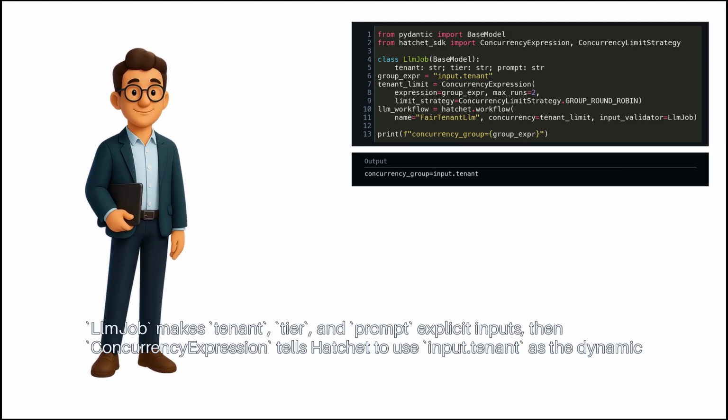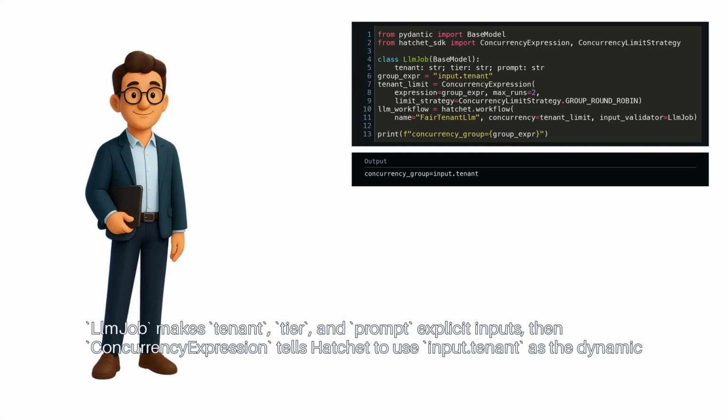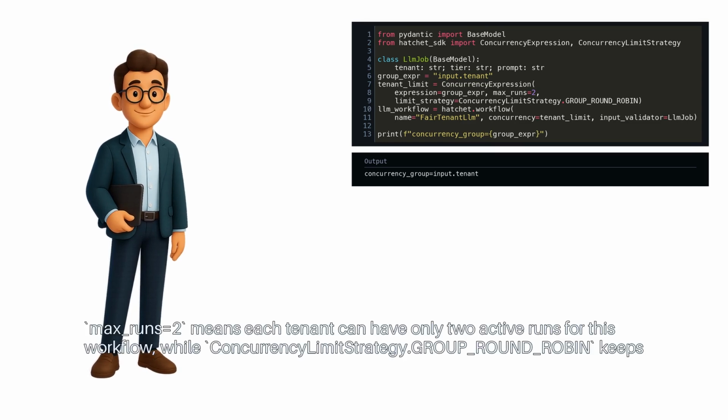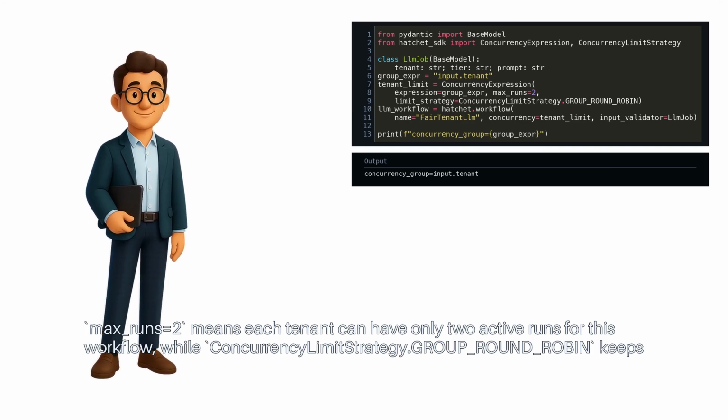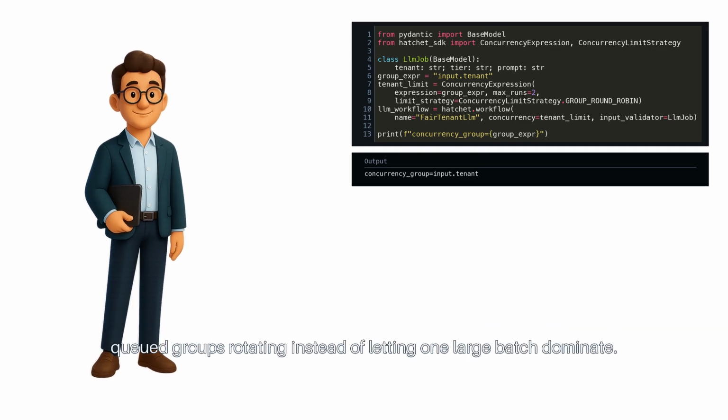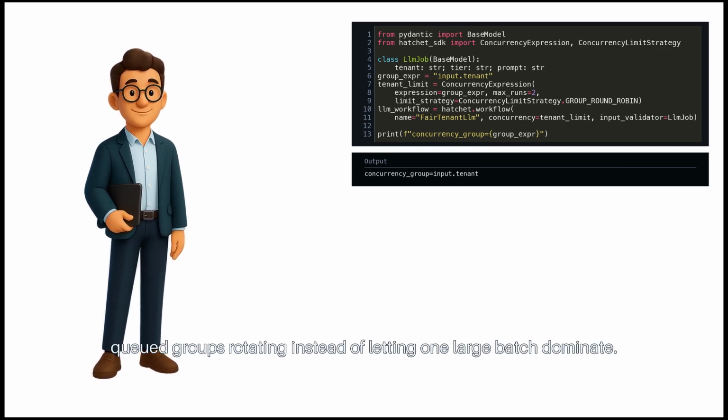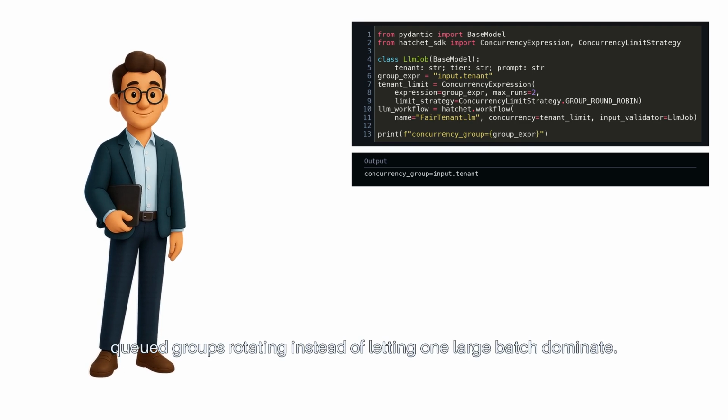Then, ConcurrencyExpression tells Hatchet to use input.tenant as the dynamic concurrency key. Max runs equals 2 means each tenant can have only 2 active runs for this workflow, while ConcurrencyLimitStrategy.groupRoundRobin keeps queued groups rotating instead of letting one large batch dominate.